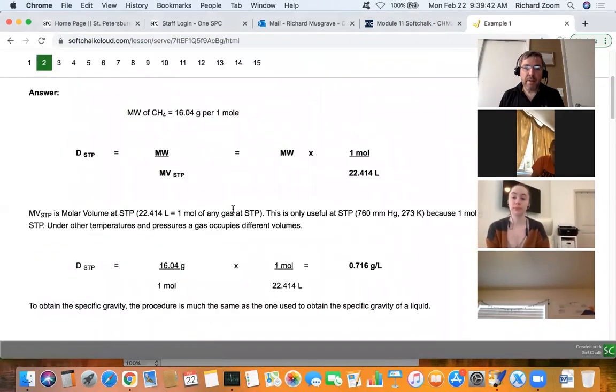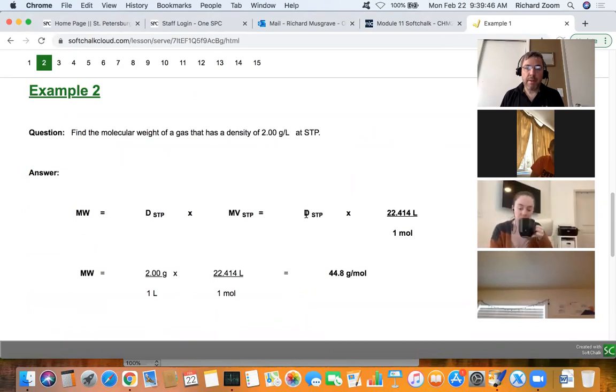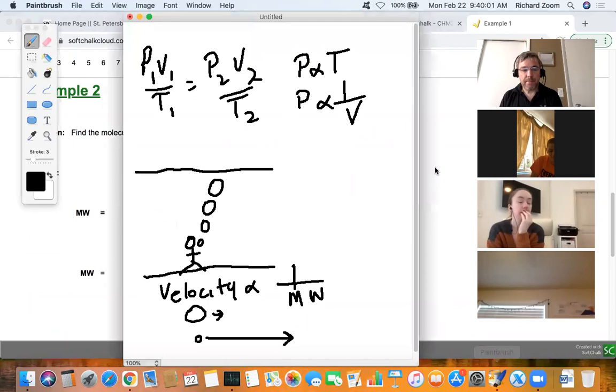All right, so let's start out with the relationship between density and molecular weight. The equation that allows us to determine molecular weight is based upon density and molar volume at STP. Now, the molar volume at STP is something we're already familiar with.